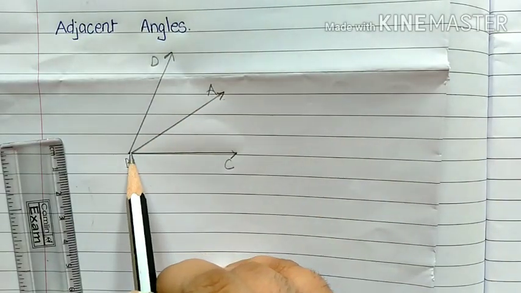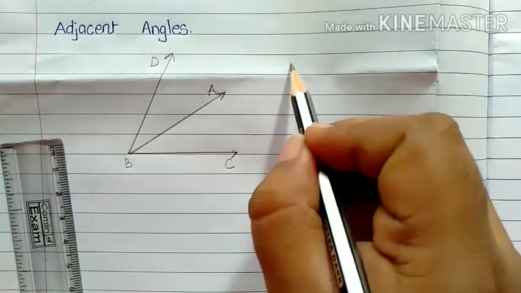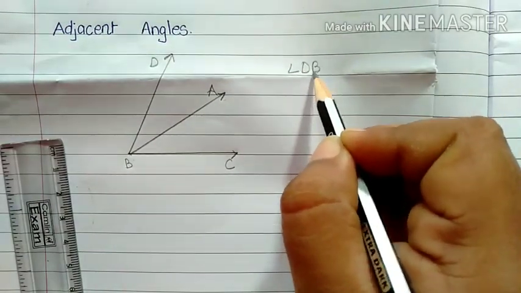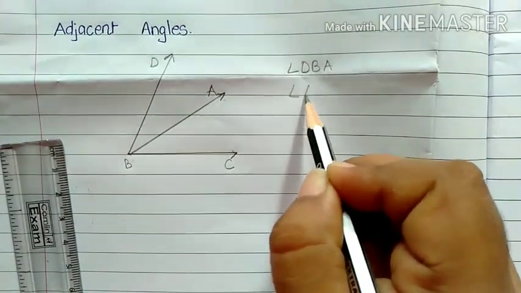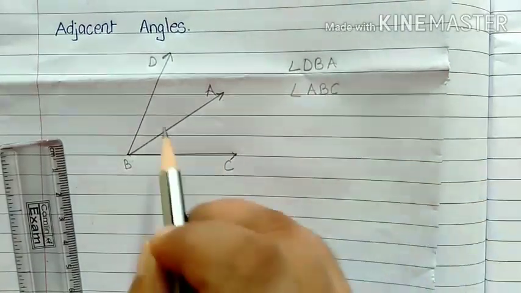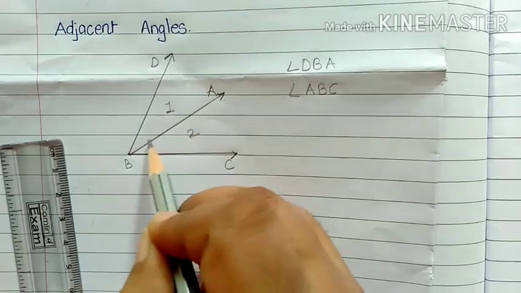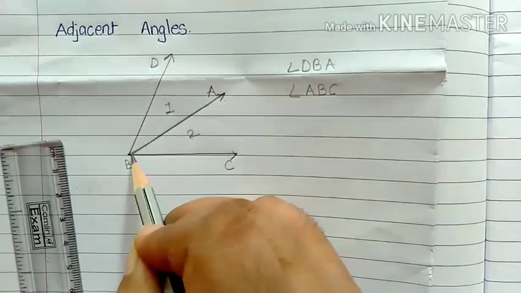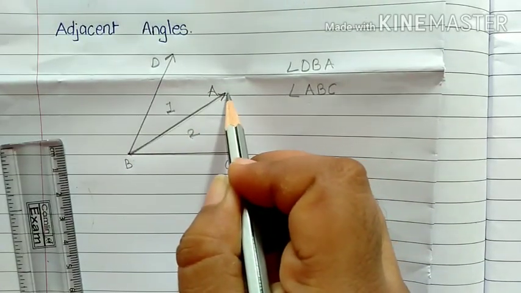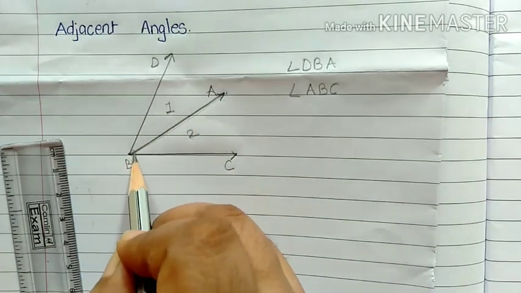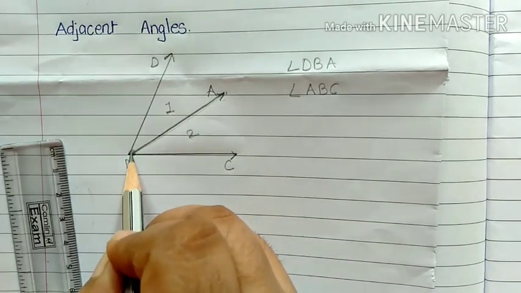AB is the common arm for angle DBA and angle ABC. These are the two angles. For these two angles, AB is a common arm and B is a common vertex.